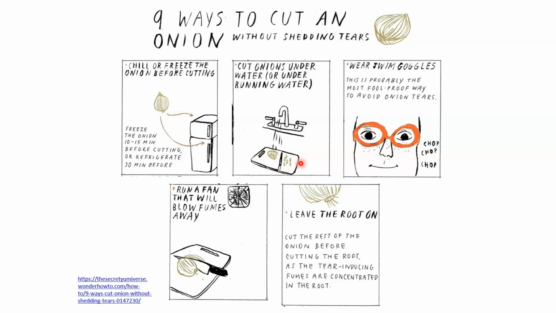You can cut onions under running water or underwater so that the sulfuric acid forms in the water instead of heading up to your eye and forming in your eye. You could wear your cool lab chemistry goggles or swim goggles, or try and use some other interesting little techniques to try and avoid getting that sulfuric acid into your eye.